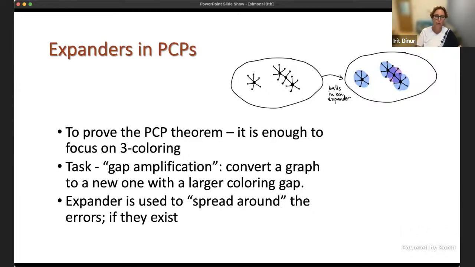If any coloring already needed to lie and have some errors, then after this expansion the number of errors must be spread out even more. So the expansion allows us to spread the errors, and this is the gist of the proof of gap amplification. This was a paper from more than 15 years ago, and it was very nice and showed that PCPs can be constructed based on expander graphs.